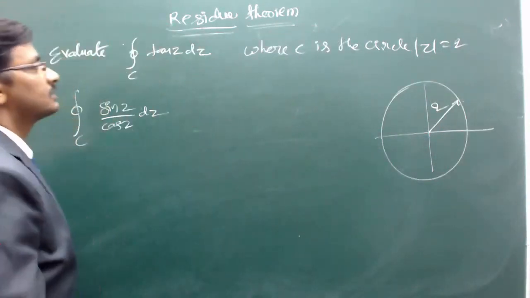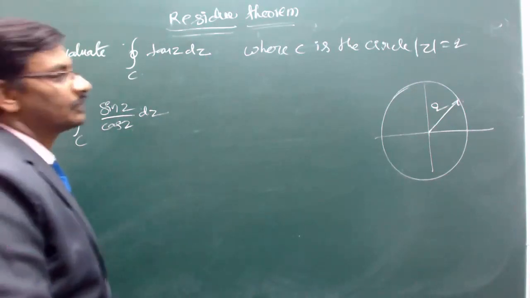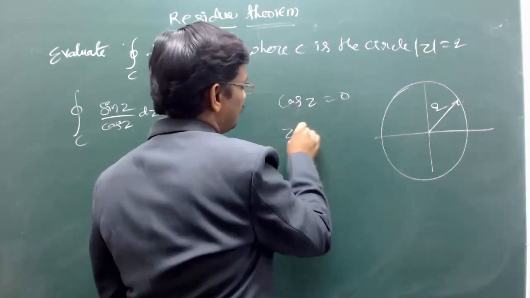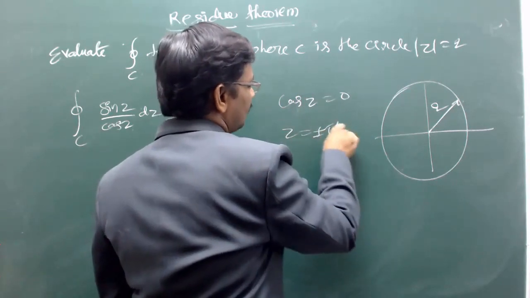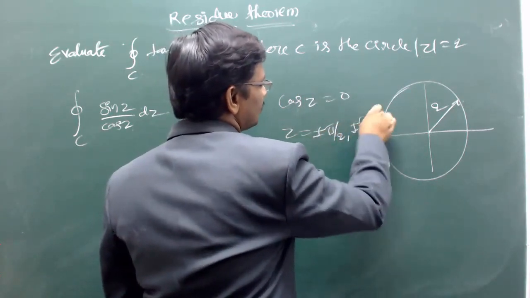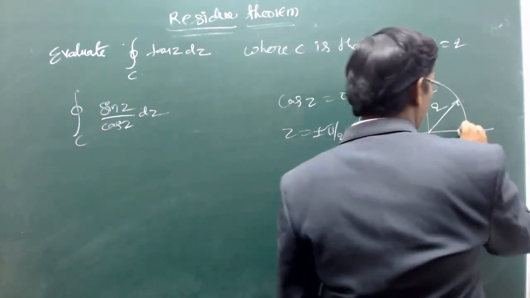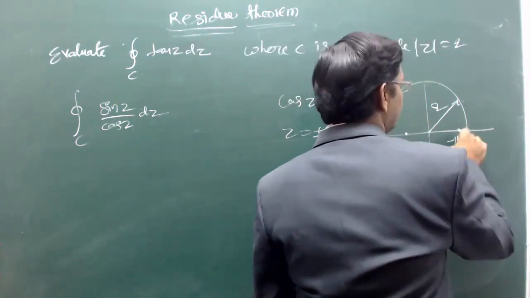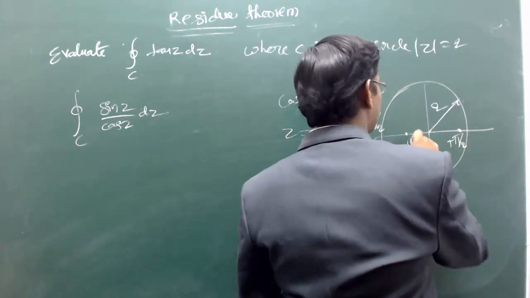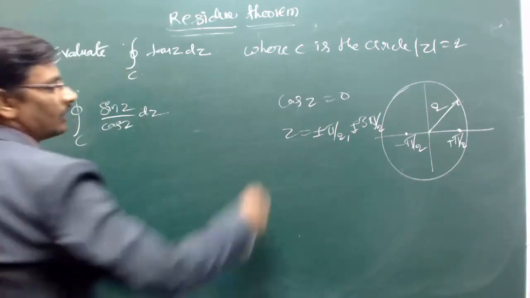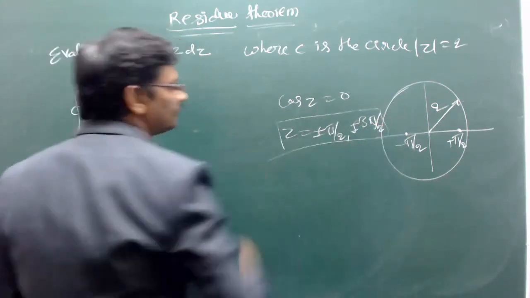In such case, cos z will be 0 at z is equal to plus or minus pi by 2, plus or minus 3 pi by 2, and so on. Now, as pi by 2 lies within the circle, this is plus pi by 2 and this is minus pi by 2. So, these are the two values where this will become 0.